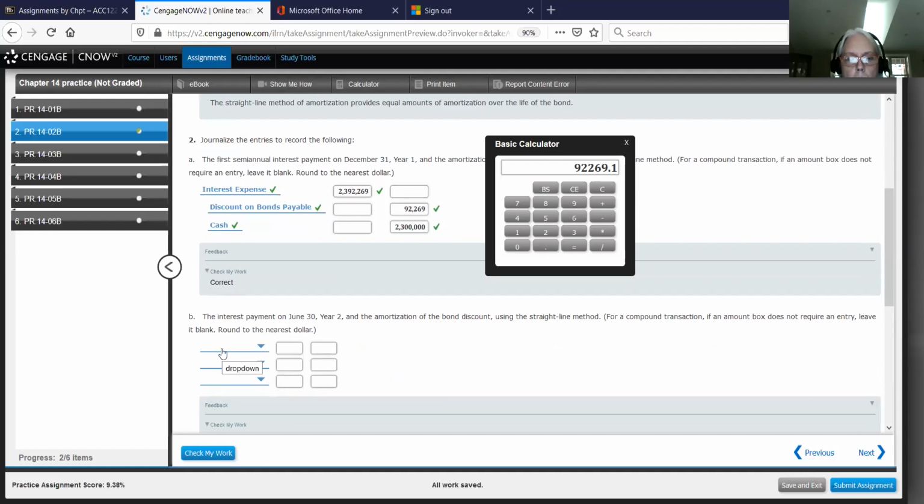In this B part, the interest payment on June 30th in year 2 and the amortization of the bond discount is going to be exactly the same transaction that we did earlier. So we're going to debit interest expense for the same amount, $2,392,269.